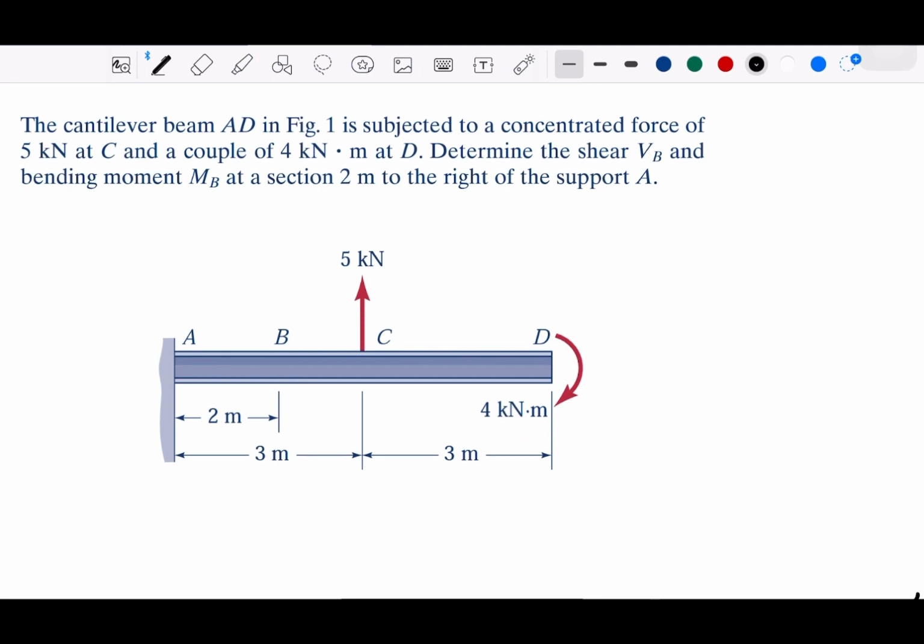The couple is at D. Determine the shear at B, VB, and bending moment, MB, at a section 2 meters to the right of support A. So B is 2 meters from A, and all the lengths are given by this picture: 3 meters, 3 meters, so the loads are in the middle of the beam.